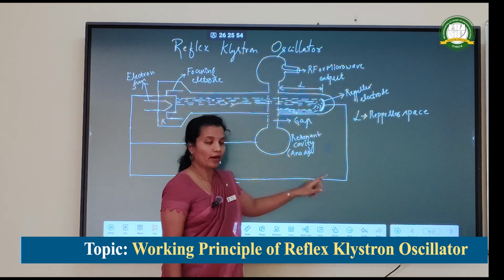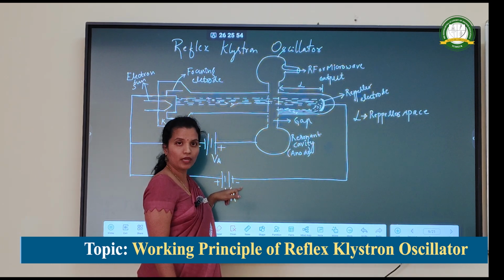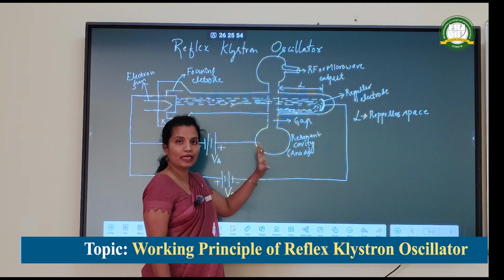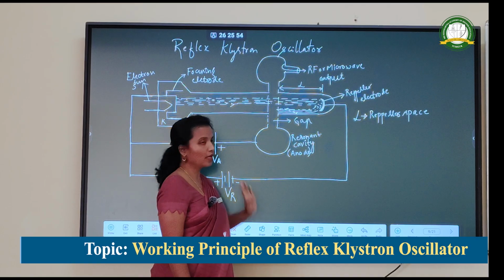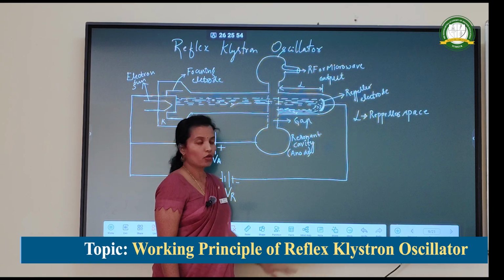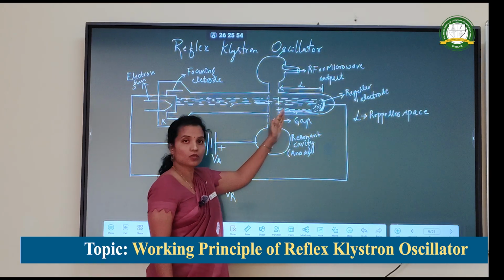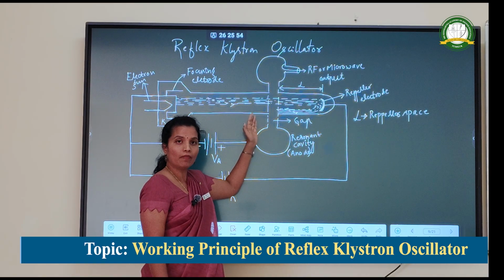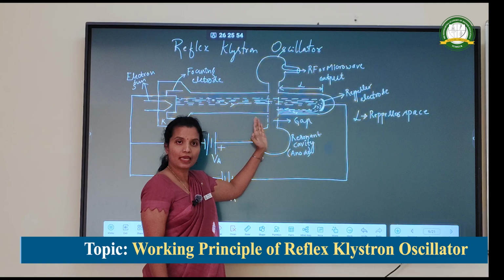That electrode is provided with a negative voltage, so all of the electrons will get repelled from it, and hence it is named the repeller electrode. All of the electrons will come back to the gap once again for the second time.